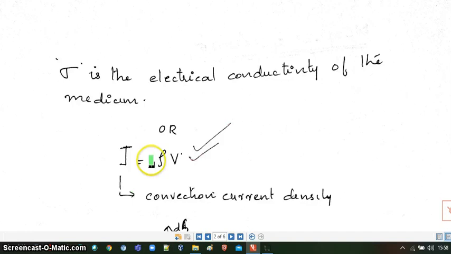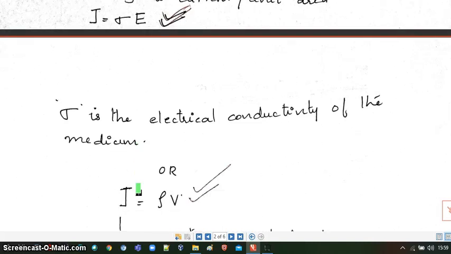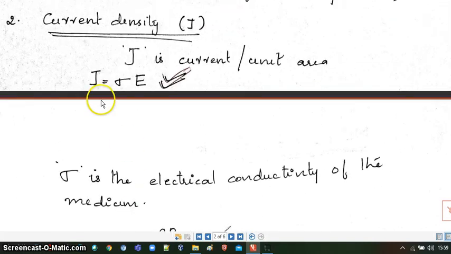We have one more expression for J, that is equal to rho V. If we are using this expression, then that J is the convection current density. So these are the two different formulas for current density.